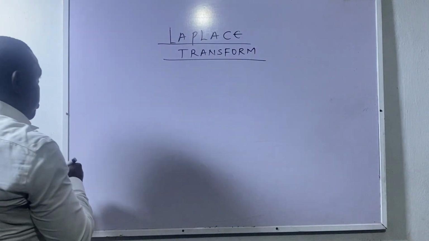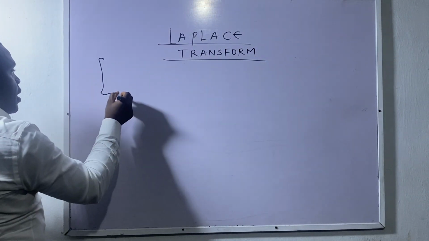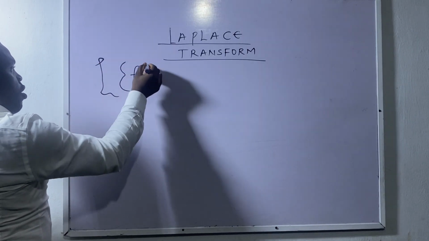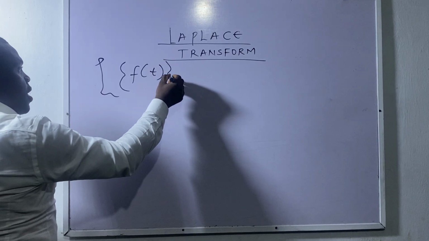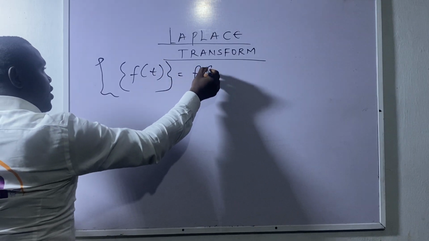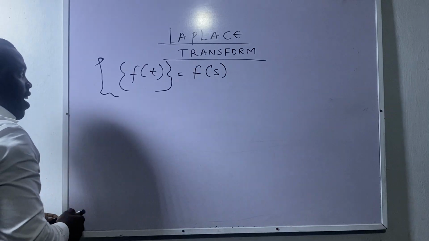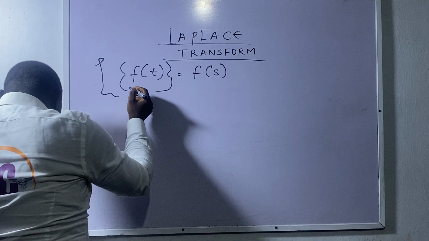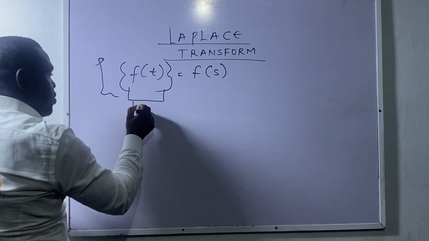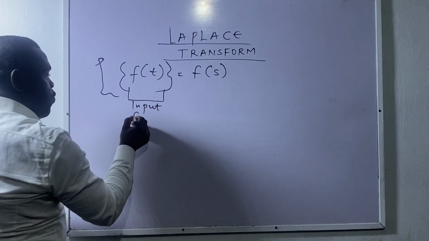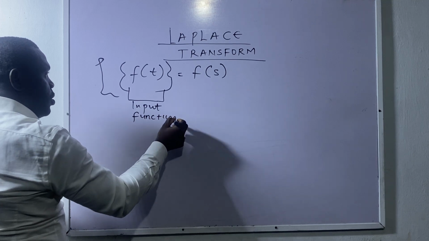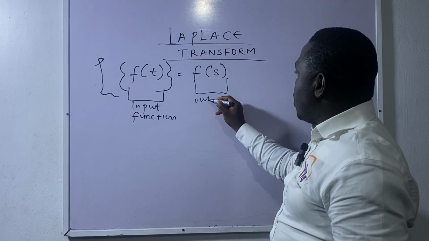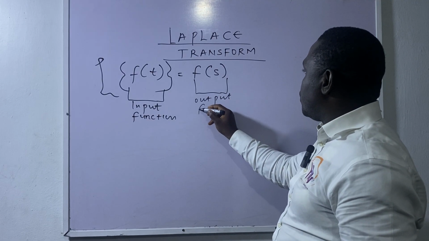Okay. Now we know that the Laplace transform of f of t is equal to this. So you can call this one an input function, and then I can call this an output function.